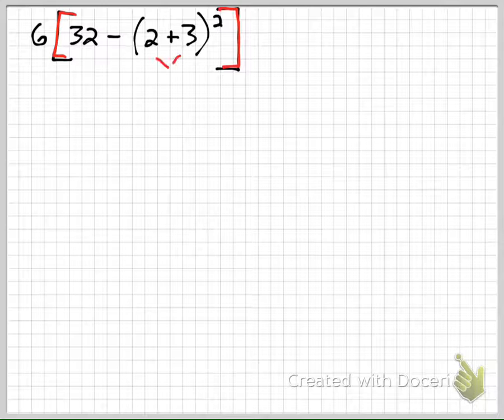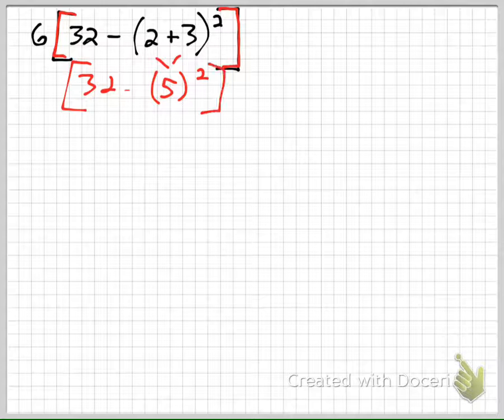So 2 plus 3 is 5. Keep in parentheses. 32 minus, in brackets, 6 out here. Okay? Now, inside of the brackets, do you see any other parentheses that I can do something with? No. Okay, now, inside of there, do you see any exponents? Yes. 5 squared is 25.